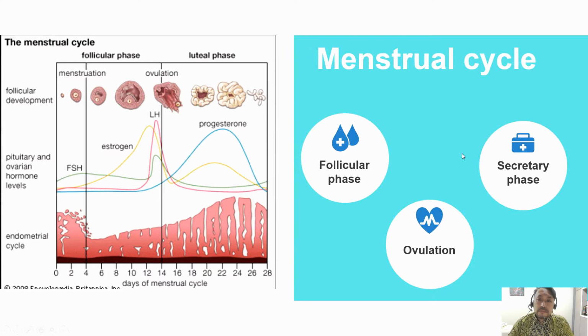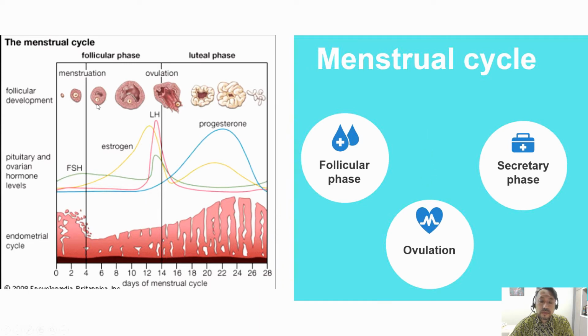Another important thing is you know your basics about the menstrual cycle. As we all know, the menstrual cycle can be divided into follicular phase and then secretory phase, and in the middle, usually day 14, is ovulation.